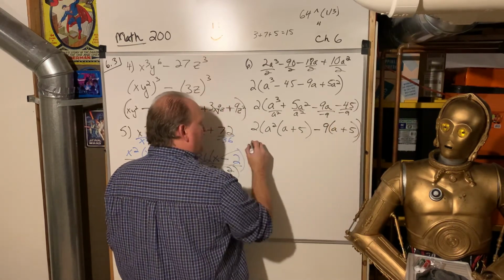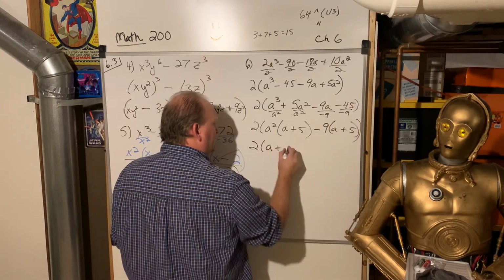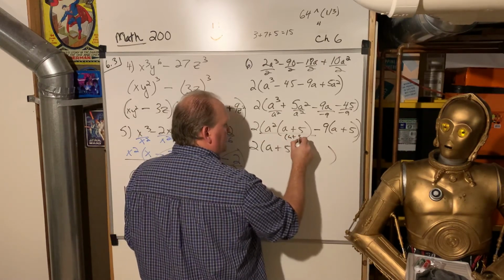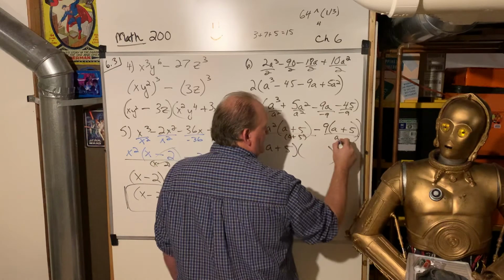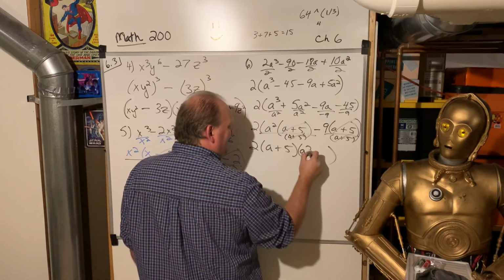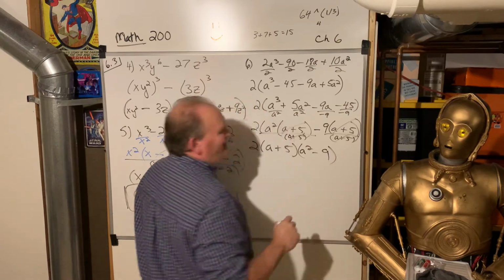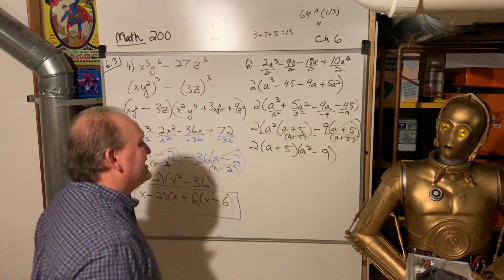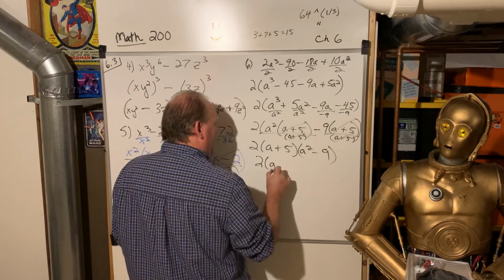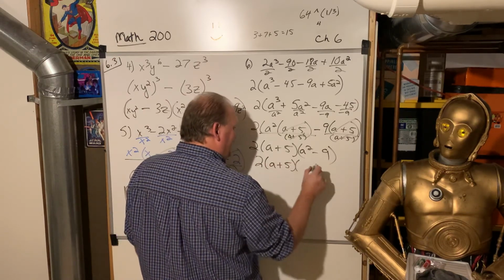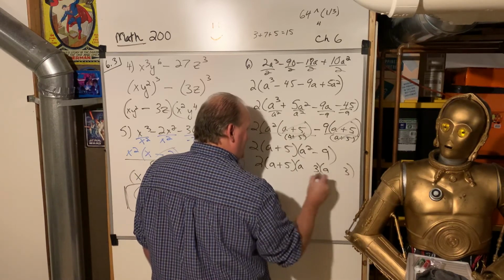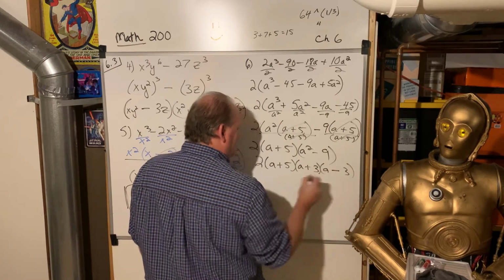So now we got those a plus 5s. And then an empty set. Let's cancel, and we get a squared minus 9. Oh no, but wait, there's more. Because now we have a perfect square minus a perfect square. So a plus 5, a 3 plus and minus.